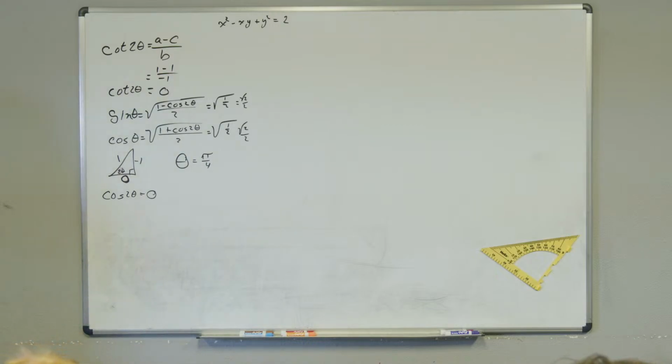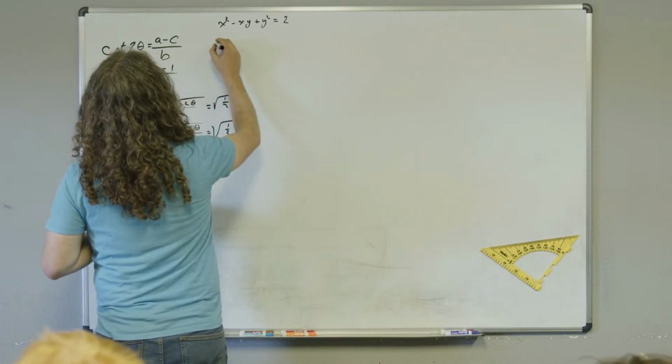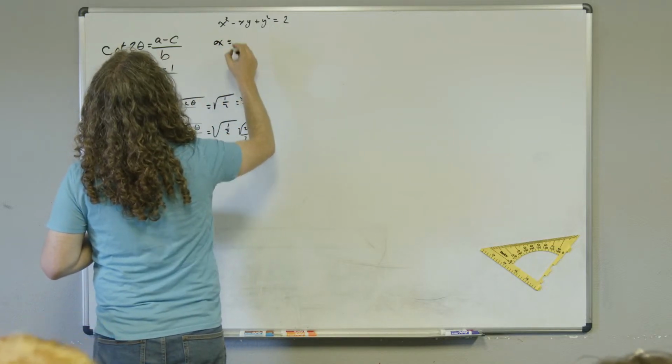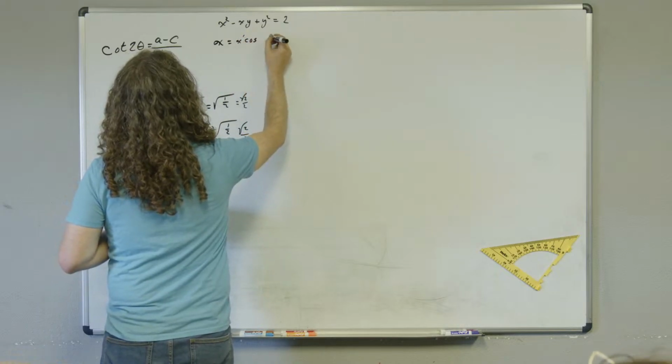That's what we plug into the formula, x equals x prime cosine minus y prime sine.